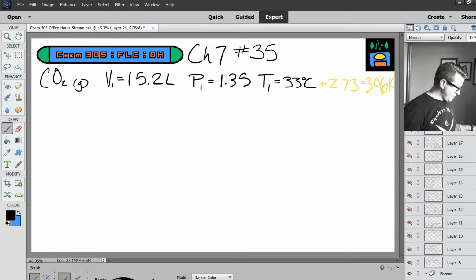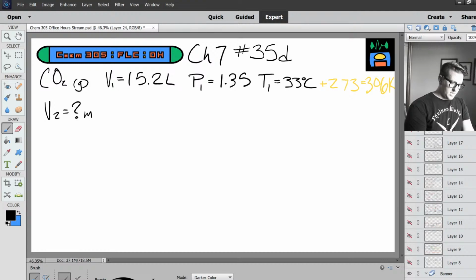All right, so part D for this problem, they want us to find our volume in milliliters, and they give us a temperature and a pressure.